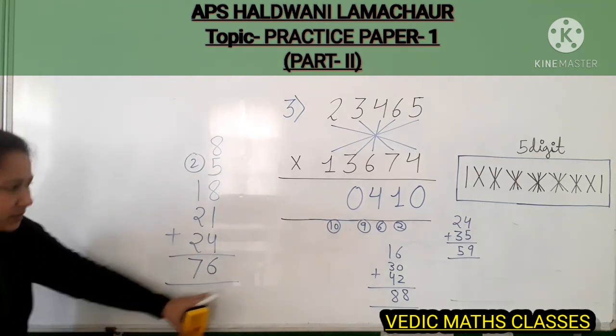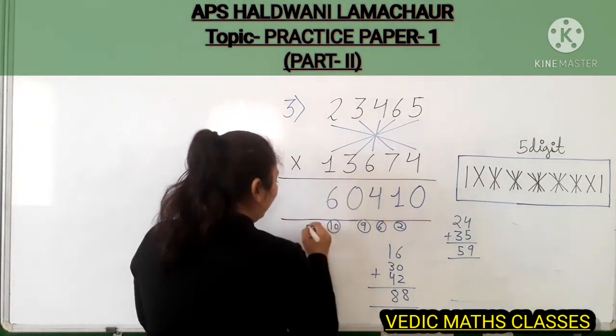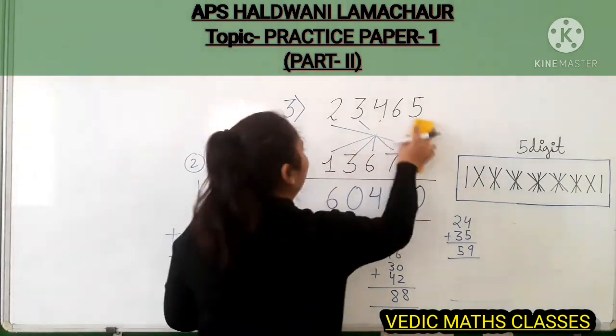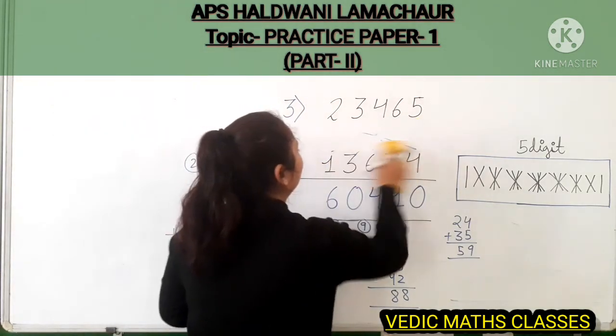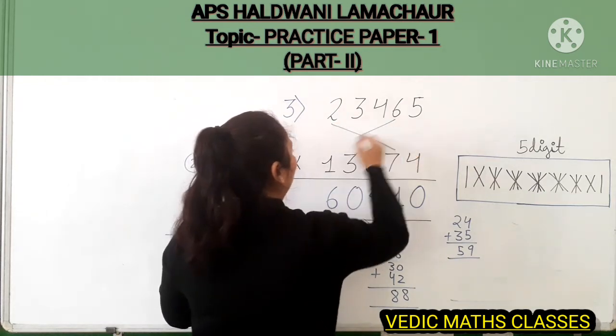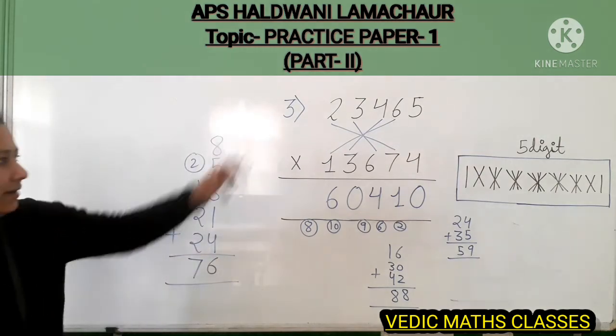Now 76 plus 10, it's 86. Now 6 here and 8 will go carry. Now after 5, 4. Back counting and the numbers will start from left hand side.